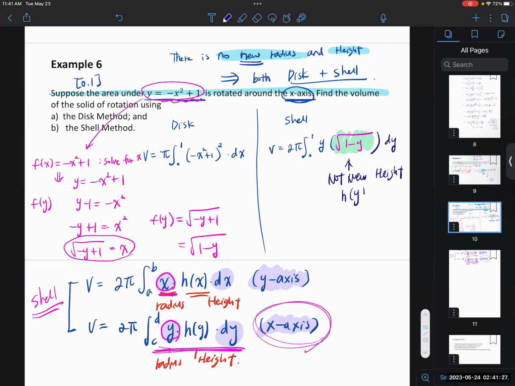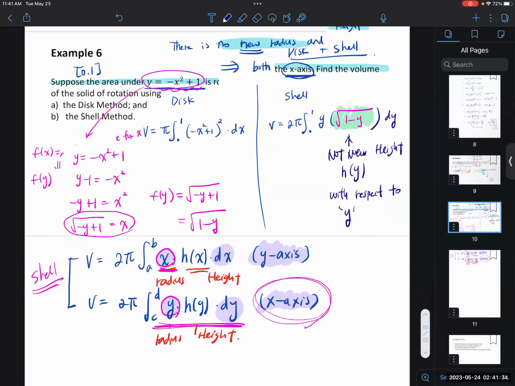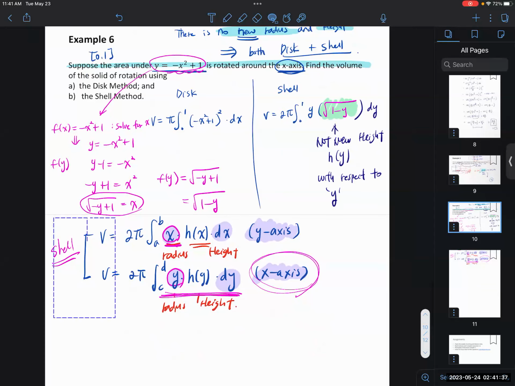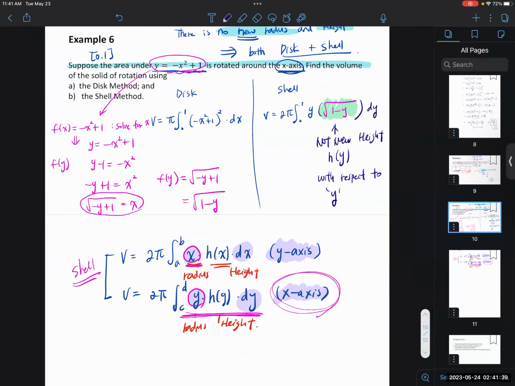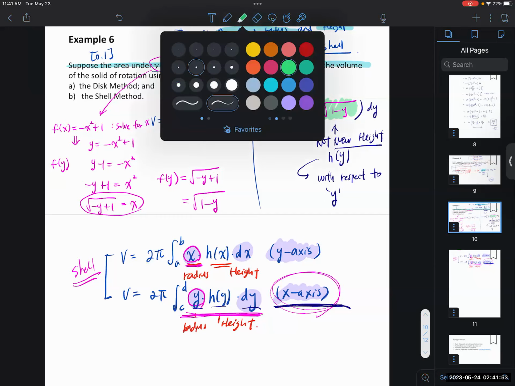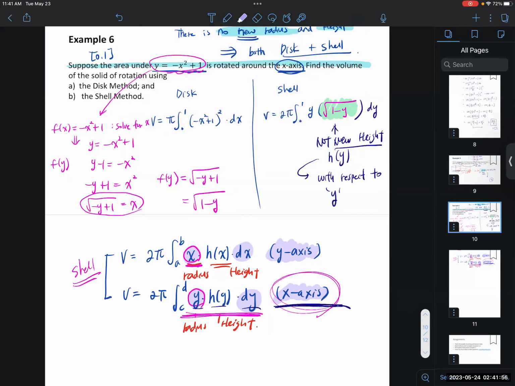This is the height with respect to the y variable. According to this formula, if you rotate about the x-axis, whatever the function is should be in terms of y. So once you calculate these two integrals, you will get the same answer. Check it out.